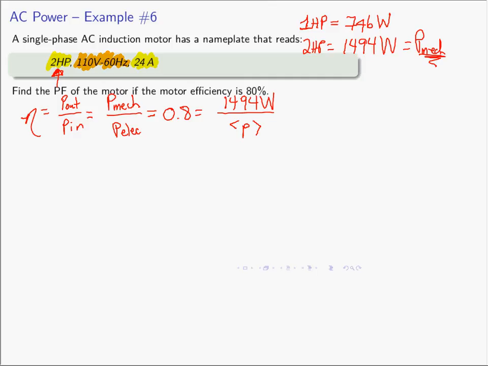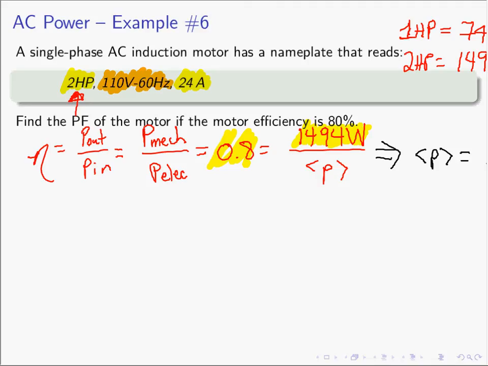So for an 80% efficient motor with 1,494 watts mechanical output, the real power is 1,865 watts.